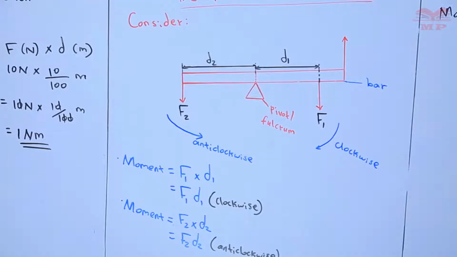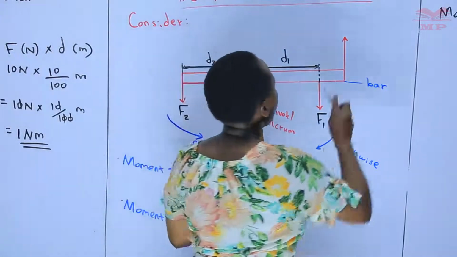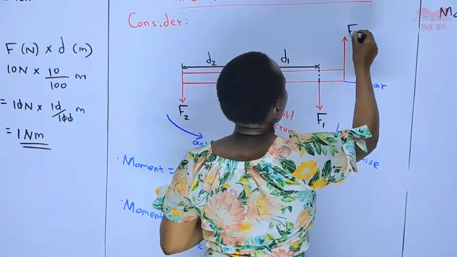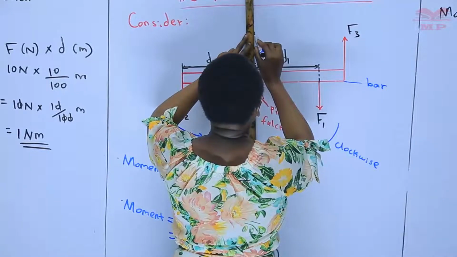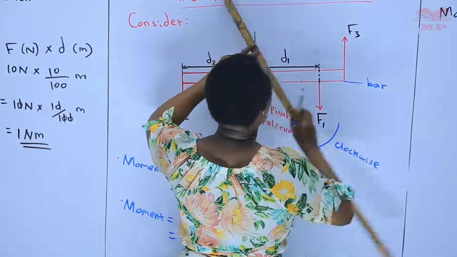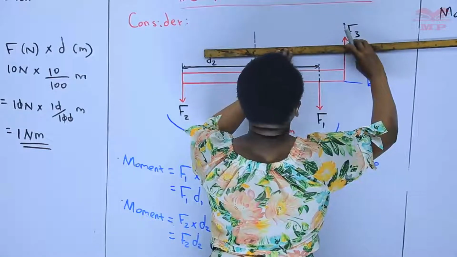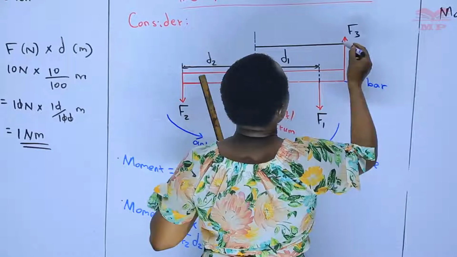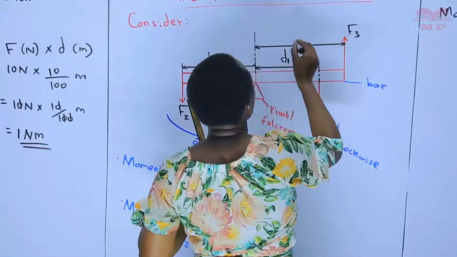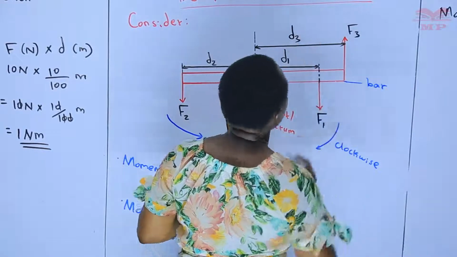So if we have force F3 here, and the distance from the force, that is the line of action, to the point of support, let's say our distance is D3. This distance from here up to here, we call it D3.